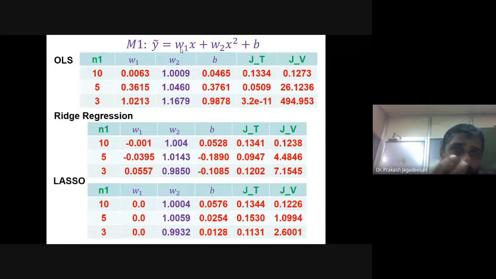So the number of observations will be very few. In those circumstances also, one has to generate an unbiased, minimum variance estimate. And you can see here, even if I use 3 observations, Lasso is able to generate more accurate estimates compared to the ridge and OLS approaches.